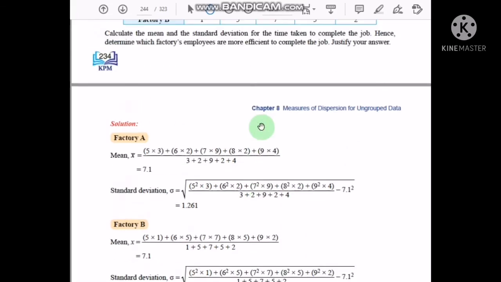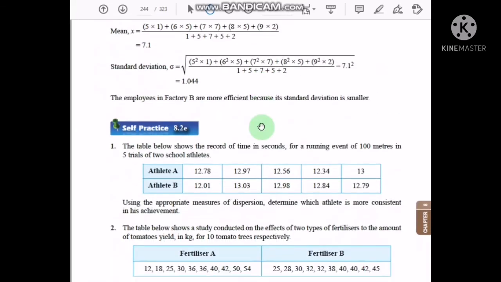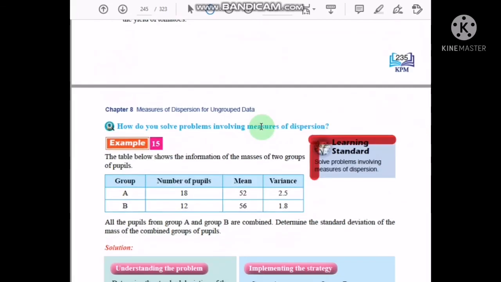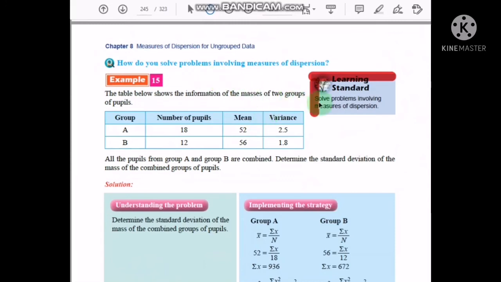Okay, we are done with this one, and let's look at our last learning objective, which is to solve problems involving measures of dispersion. Example 15: the table below shows the information of the masses of two groups of people, group A and B. There is the number of people and also the mean and variance given.